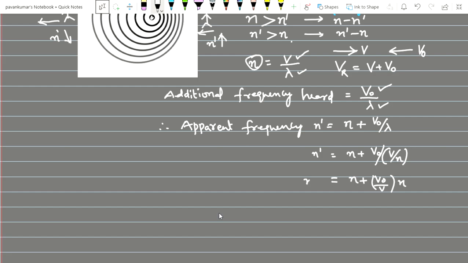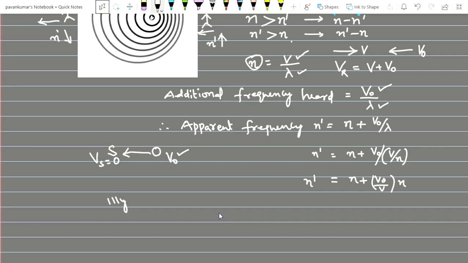This is the apparent frequency when the observer is moving towards a stationary source. Source velocity is 0, whereas the observer is moving towards the source with a velocity v0.